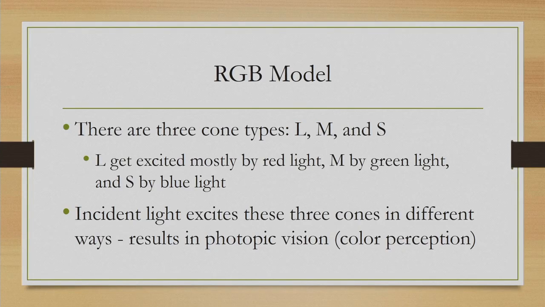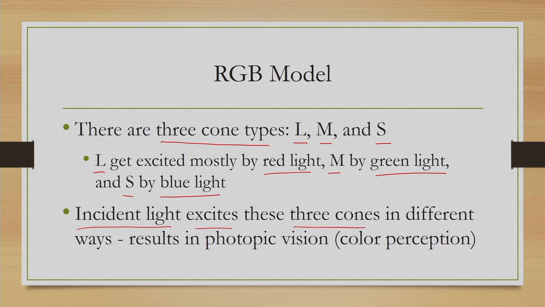Remember that we talked about three cone types, L, M and S. L get excited mostly by the red light, M by the green light and S by the blue light that are present in a light spectrum. We also mentioned that incident light excites these three cones in different ways.